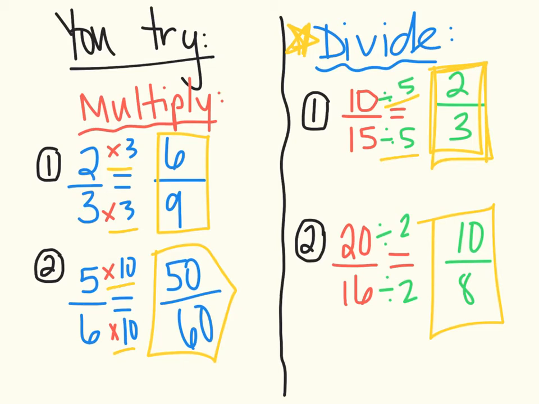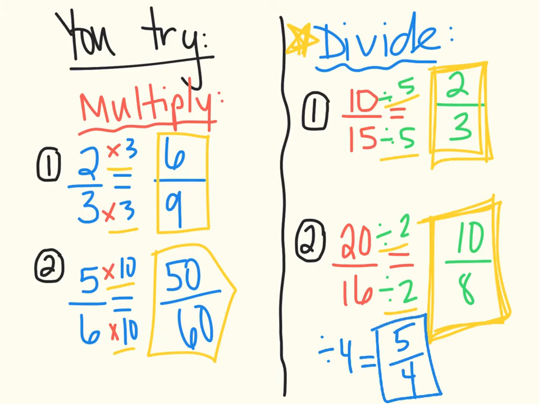For number 2, I chose to divide by 2. You could have also divided by 4. So when I divided by 2, I got 10/8. If you chose to divide by 4, you would have gotten 5/4. All of these are equivalent to one another.